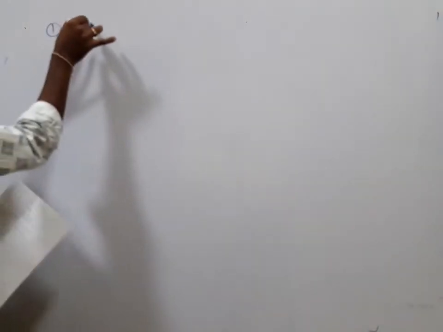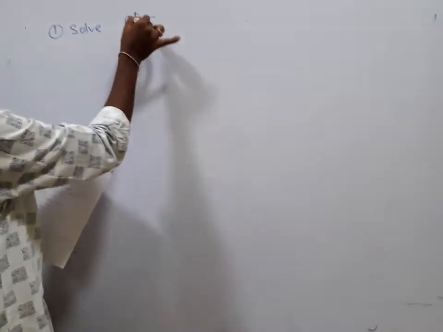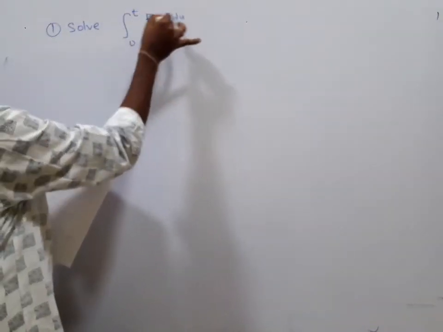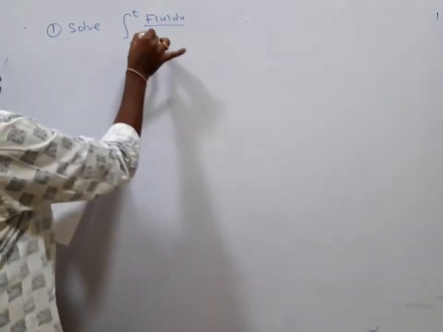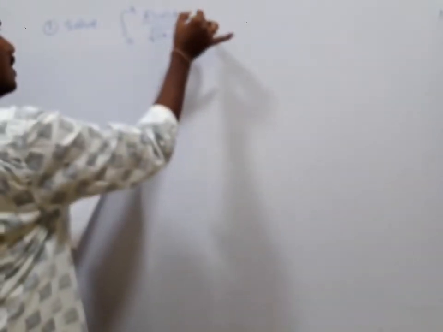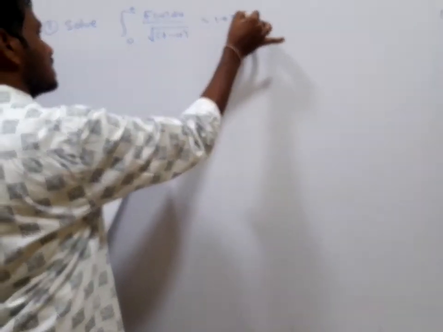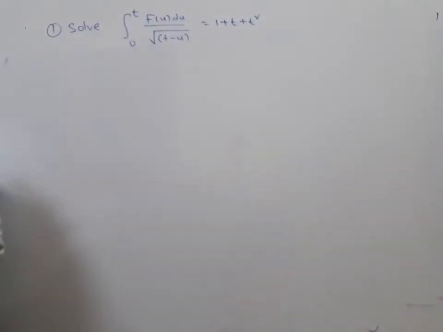Solve integral 0 to t f of u du divided by square root of t minus u is equal to 1 plus t square.